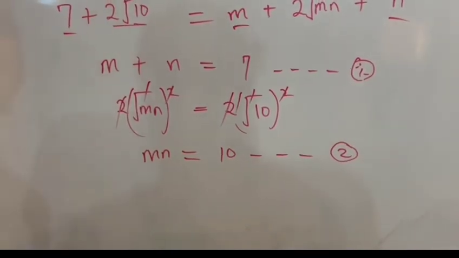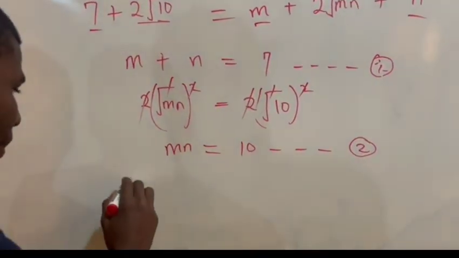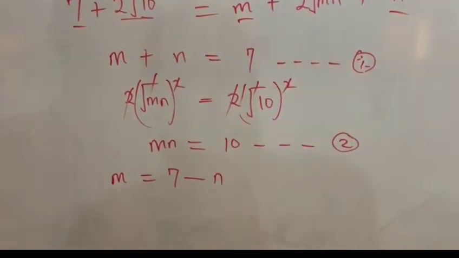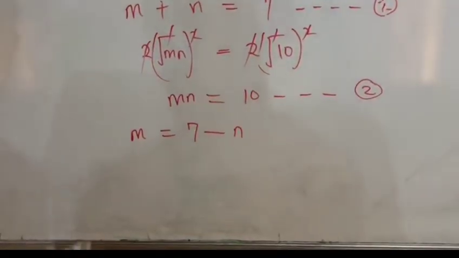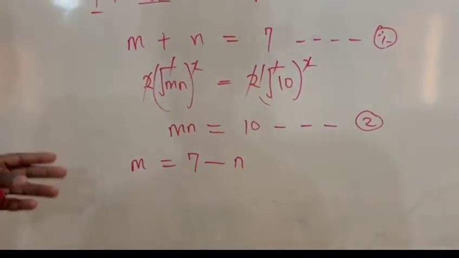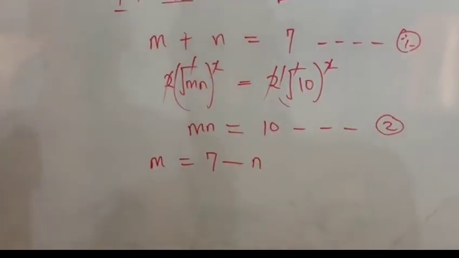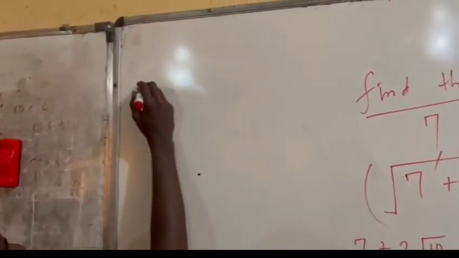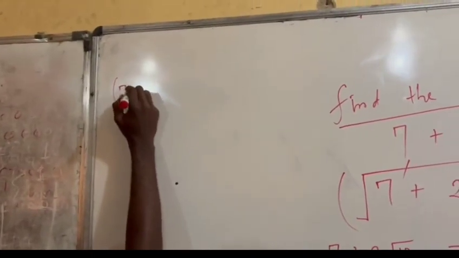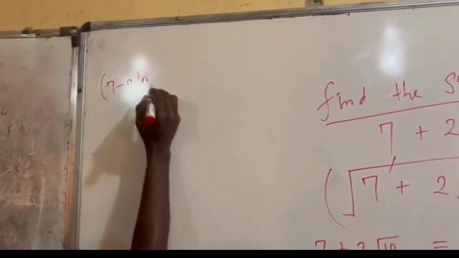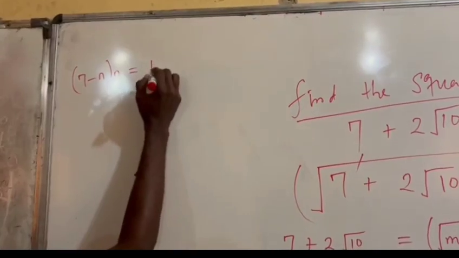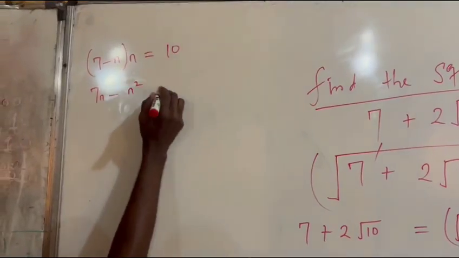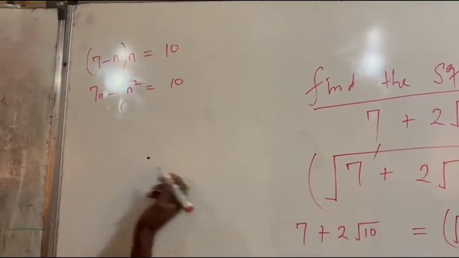So from equation 1, you can deduce that m equals 7 minus n. So what I will do is, in equation 2, I'm going to replace m with 7 minus n. So we have mn equals 10, right? But m equals 7 minus n, multiplied by n equals 10. So you have 7n minus n squared equals 10.